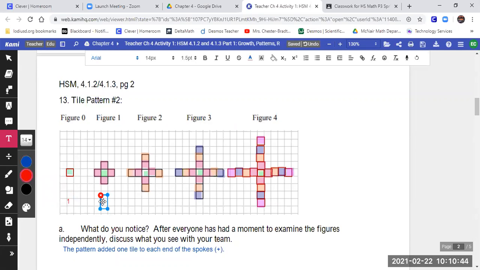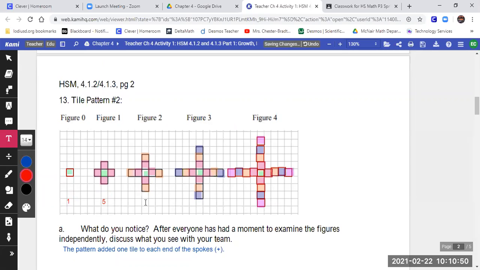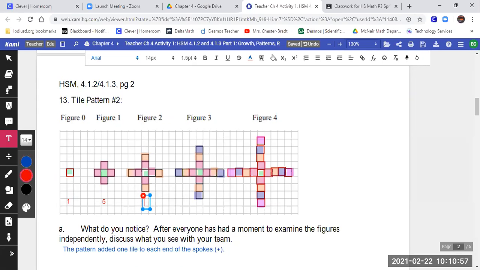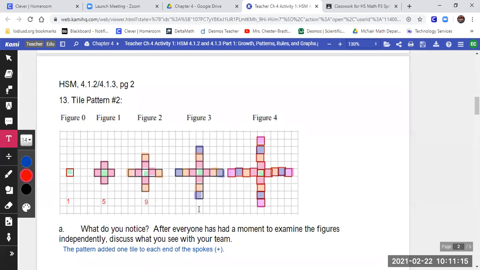How many tiles in figure 1? Figure 2, how many tiles? 9. Figure 3.